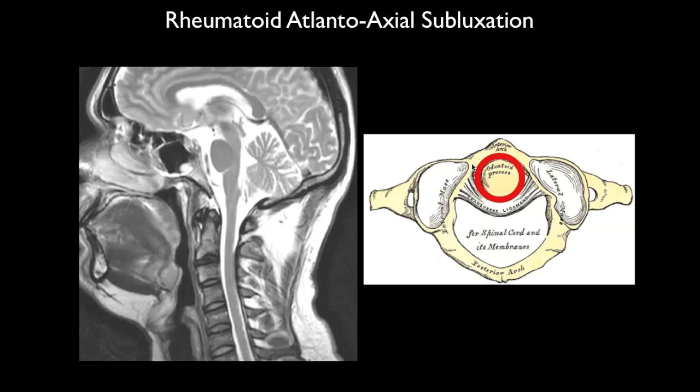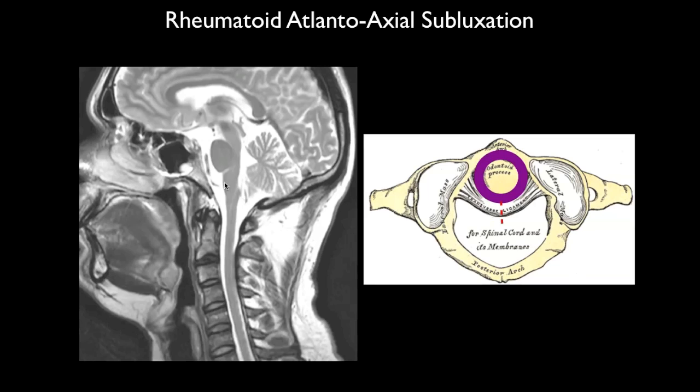Eventually you get all the granulation tissue, the pannus that you get with rheumatoid arthritis. That can cause a lot of swelling in the joint, which can cause the peg and the atlas to be subluxed on each other, causing changes we would see on an x-ray. Worst case scenario, the transverse ligament itself can actually be ruptured just from the pressure and the displacement within that joint.